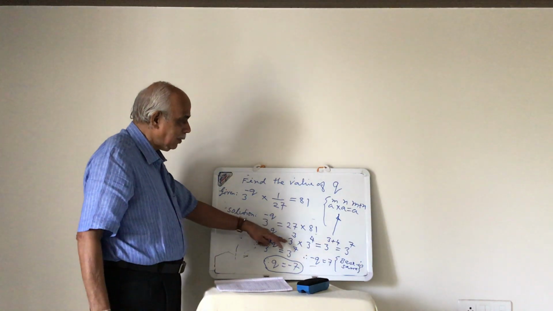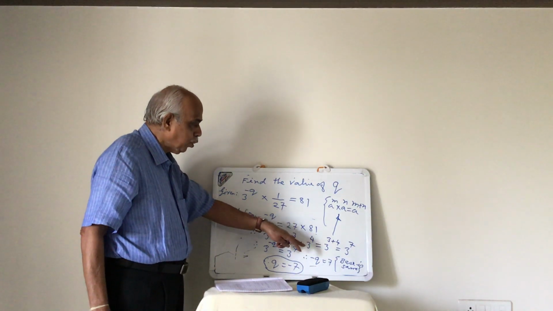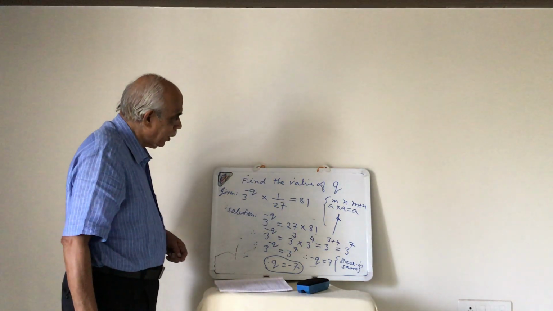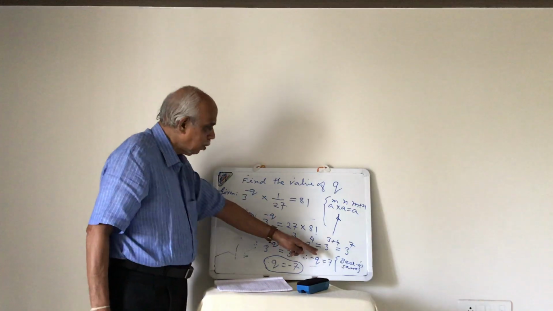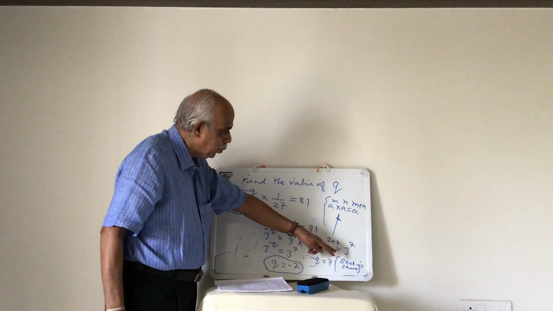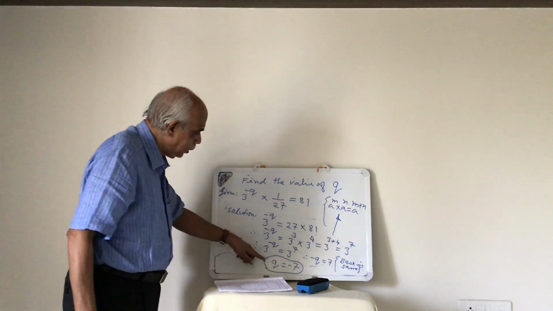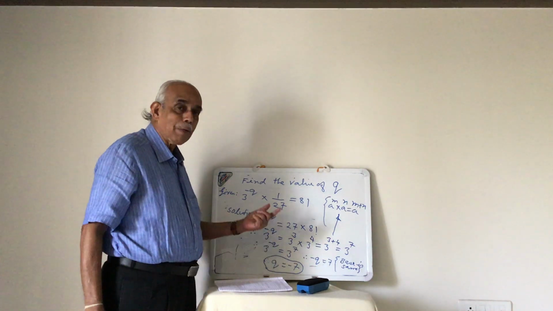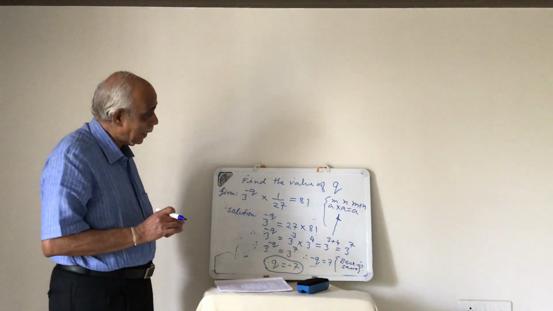So now 27 is 3 raised to 3, 81 is 3 raised to 4. Now we use the first law of indices, a raised to m into a raised to n equal to a raised to m plus n. So this will become 3 raised to 3 plus 4 equal to 3 raised to 7. So finally you will get q equal to minus 7. Why? Because the base is same. If the base is same, index has to be same.